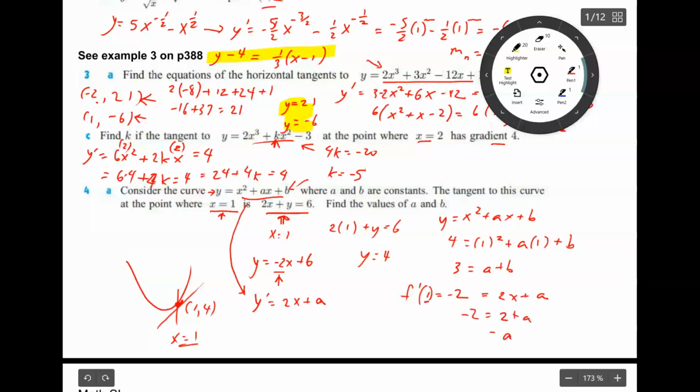So my a value, if I subtract 2 from both sides, is minus 4. So my a value is negative 4. Now that I know that, I could put negative 4 here, which means now I know that 3 is equal to negative 4 plus b. So b is equal to, adding 4 to both sides, 7. B equals 7.